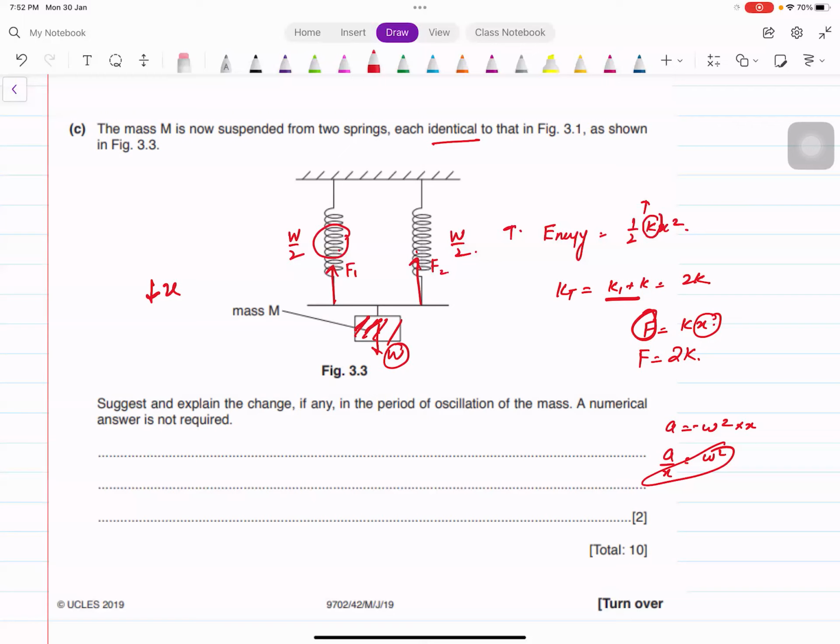Inversely proportional. If the displacement is shorter, do you agree that omega will be larger, right? You agree?